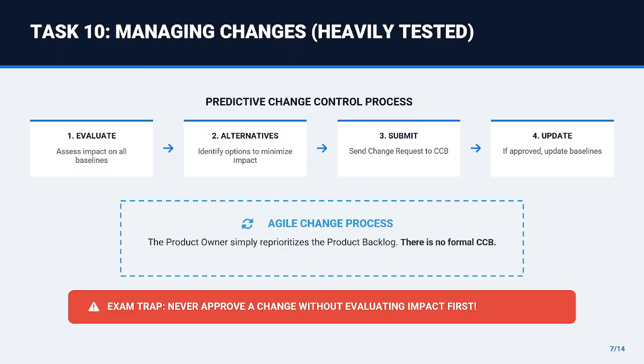The steps are always evaluate impact, identify alternatives, submit change requests to the Change Control Board (CCB), and update baselines if approved. In an agile environment, changes are handled by the product owner simply reprioritizing the product backlog. There is no CCB in pure agile.